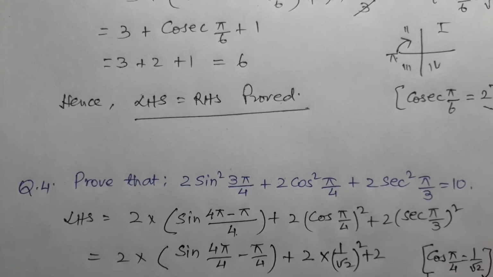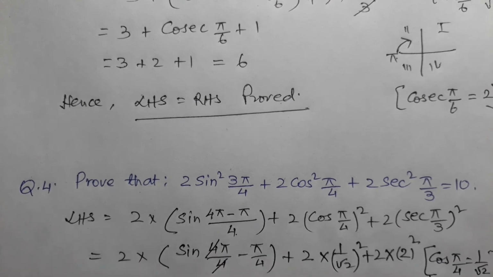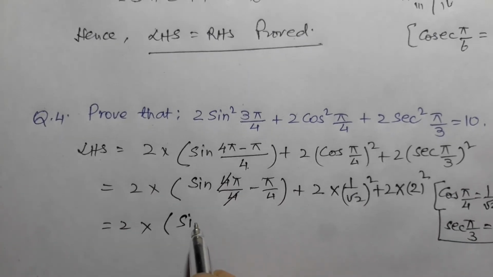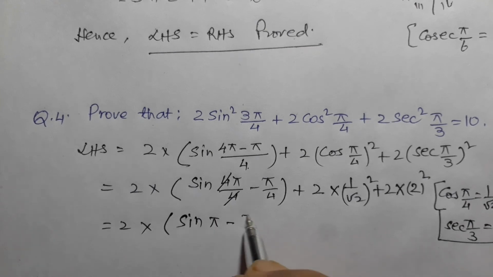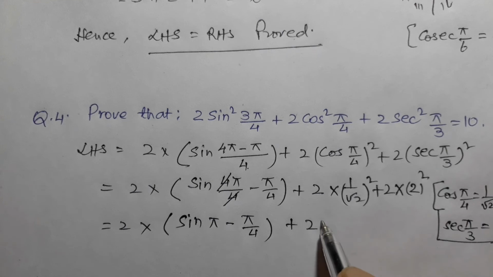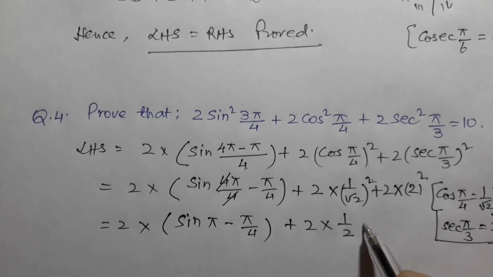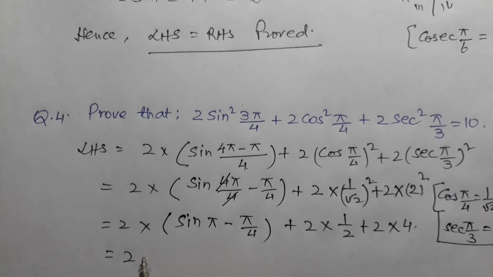So these are the values of trigonometrical angles, so we shall write 2 into 2 square. So it will be 2, and this 4 and this 4 will be cut, so sine pi minus pi by 4 here, and plus 2 into 1 by 2, because this root will be cancelled by a square, and plus 2 into 4, 2 square is equal to 4.